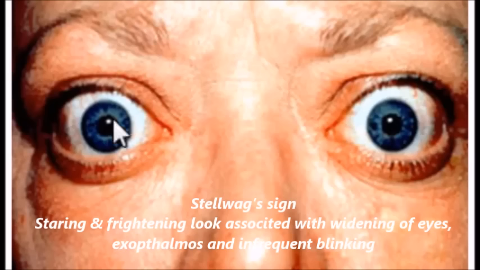Now I must tell you that the lower eyelid retraction has nothing to do with upper eyelid retraction. The upper eyelid retraction is due to tonic contraction of levator palpebrae superioris, while the lower lid retraction is due to exophthalmos, and not due to tonic contraction of the lower eyelid.